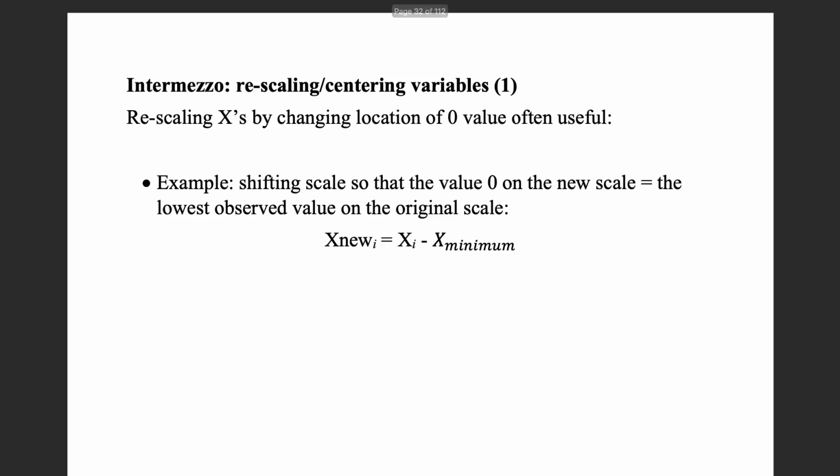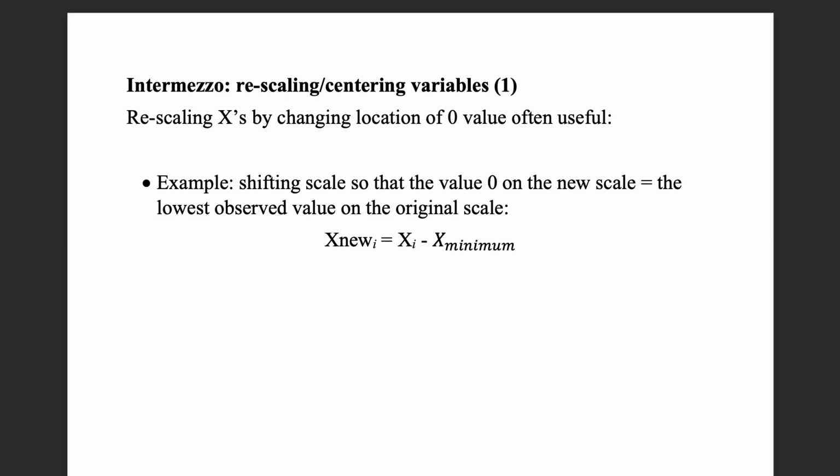And this often can be quite useful. For instance, one way you could do that is shift your scale of the x variable in such a way that the zero value on the new variable that you create is identical to the lowest observed value on the original scale. So you could say, I'm going to create a new variable in my data set, which is the original variable minus the lowest observed value on that variable. For instance, let's say you want to rescale age, and let's assume that the youngest person in your data set is 18 years old.